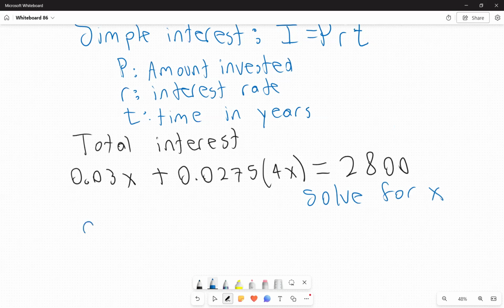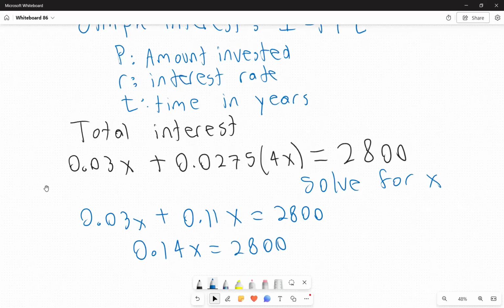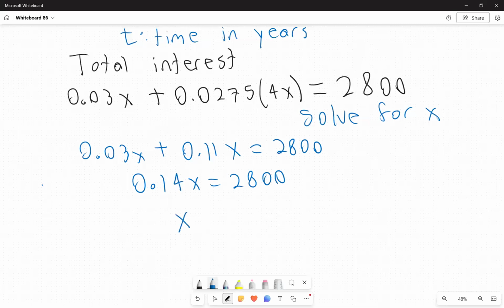Okay, so 0.03. And then 0.0275 times 4 is 0.11, equals 2,800. 0.03 plus 0.11, that's 0.14 x equals 2,800. And x is going to be 2,800 divided by 0.14. At the end, this is 20,000.